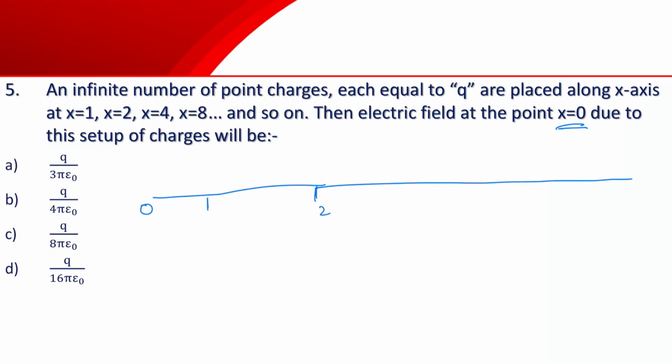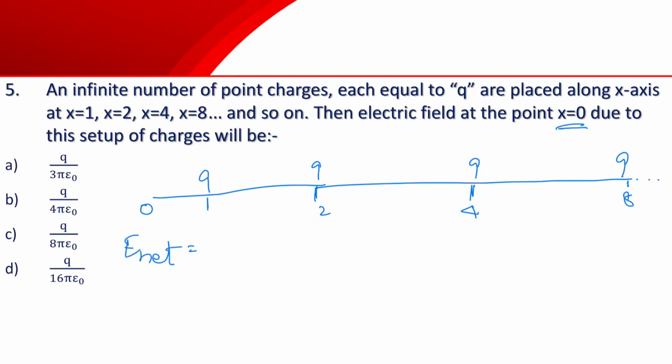This is 1, this is 2, this is 4, and this is 8, and so on. Here a charge Q is placed, here also, here also, and so on, according to the question. Then we have to find the electric field at x equals 0 due to the whole system of charges.